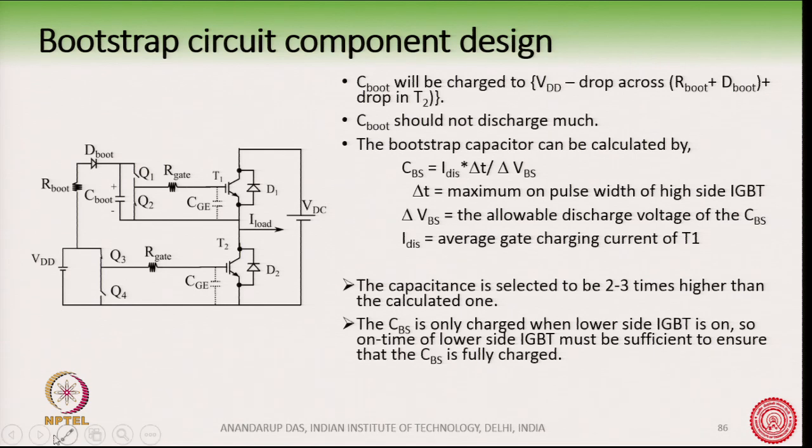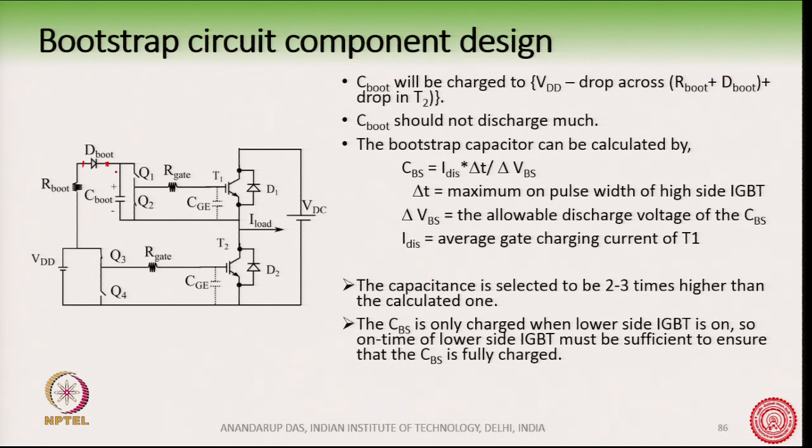You can see here, for example, this is the path where D boot is operating. So, this is the VDC minus this drop plus C boot. This voltage comes across this terminal, whereas this VDC minus VDD comes here on this terminal, on the anode and the cathode.